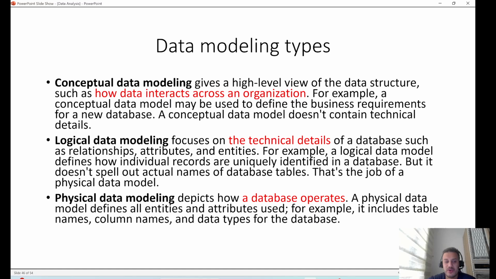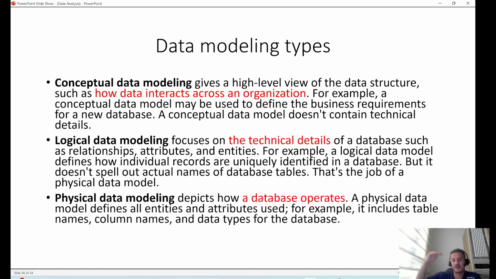Physical data modeling depicts how a database operates. It is the basic level where you define everything: the entities and the attributes. Logical data modeling covers the technical details of a database, such as relationships, attributes, and entities.